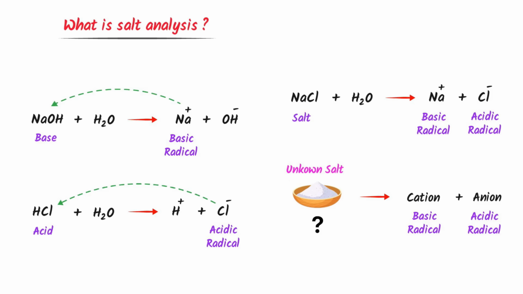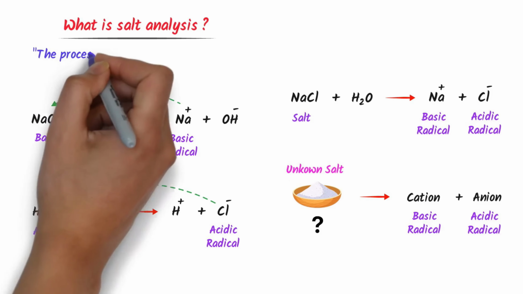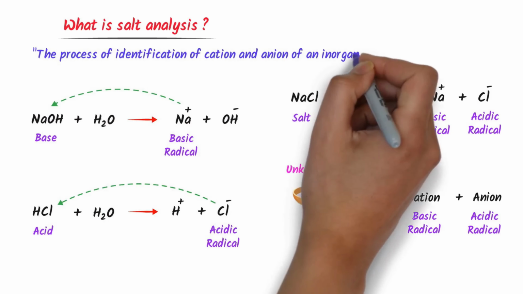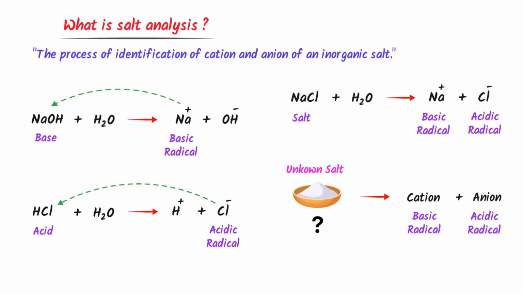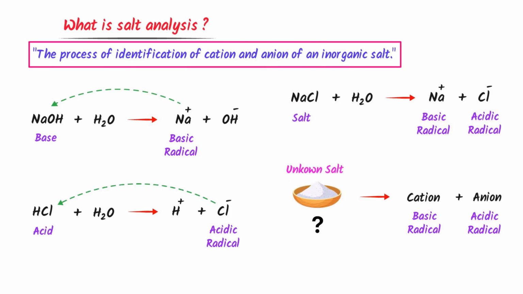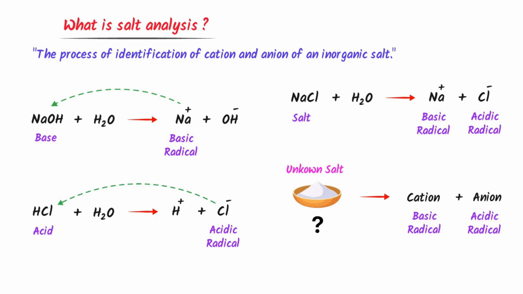Thus we define salt analysis as the process of identification of the cations and anions of an inorganic salt. Let me repeat it. The process of identification of the cations and anions of an inorganic salt is called salt analysis. Hence note down all these important points.